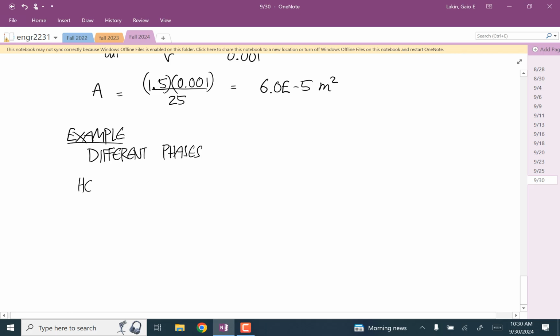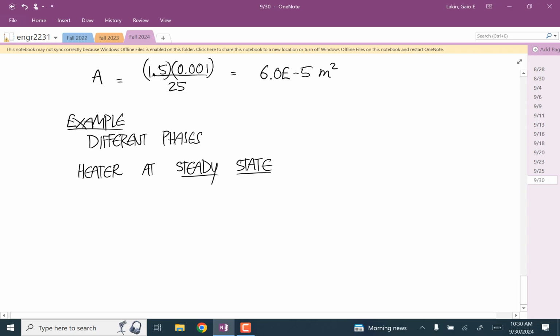So let's say we have a heater at steady state. We have two inlets for this, I guess.